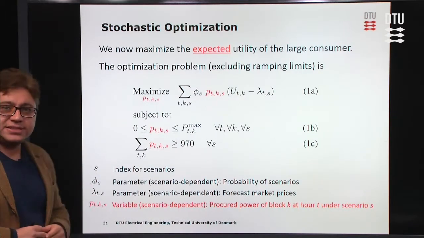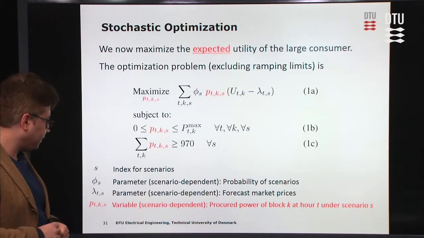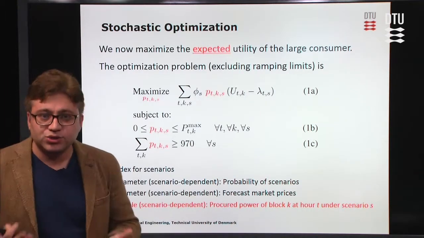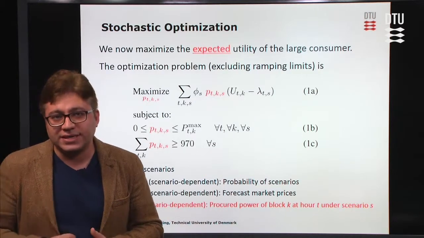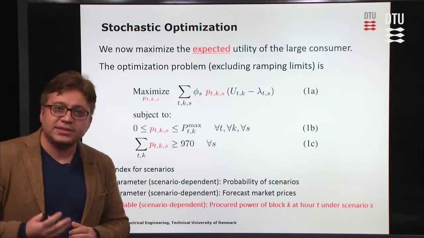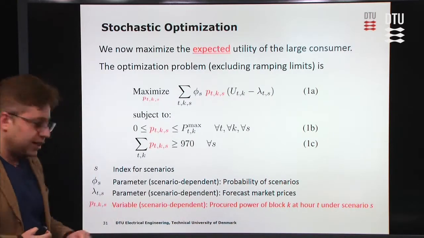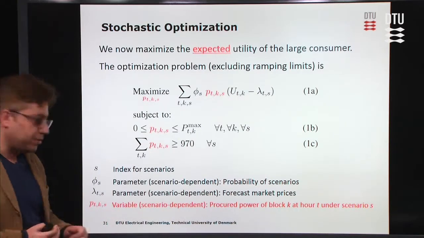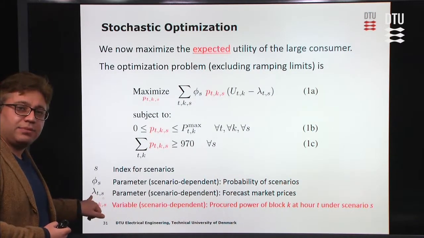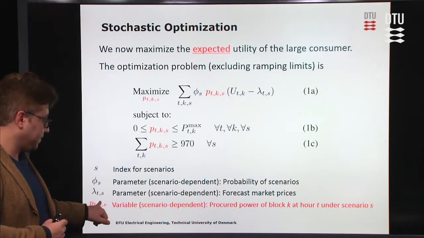Phi S, in black, means it's a parameter. It's a scenario-dependent parameter, and it shows the probability of scenario S. Also, we need to update the symbol of price because it takes another index, S. Now our forecast price as a parameter is lambda with indices T and S, meaning the market price at time T under scenario S.